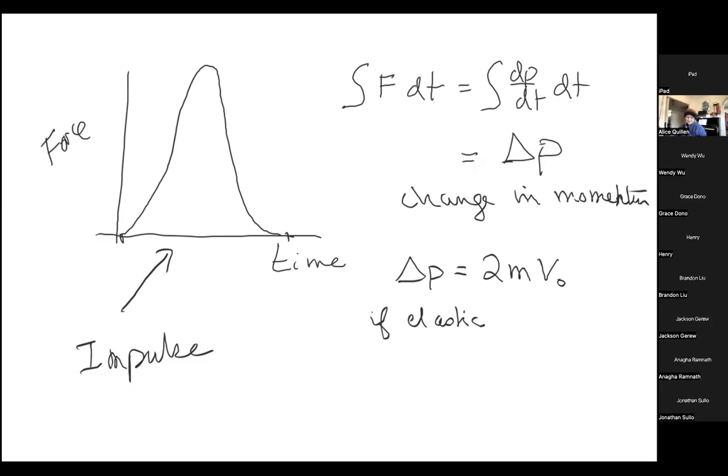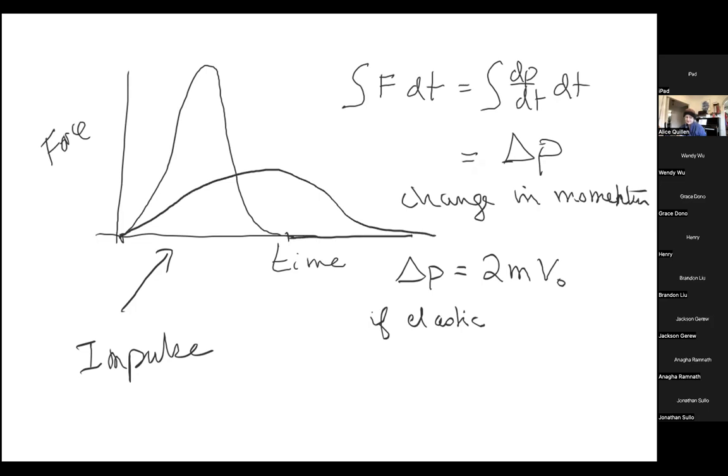So what if you want to reduce the force? The total momentum change in this elastic case depends on the integral here. So I could achieve the same change in momentum with a much longer impulse.